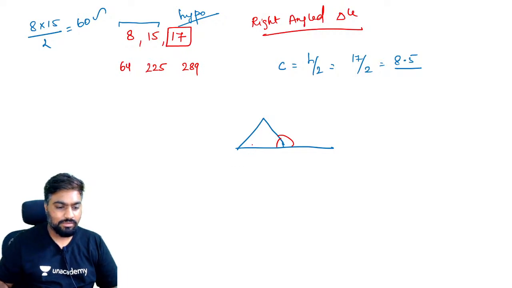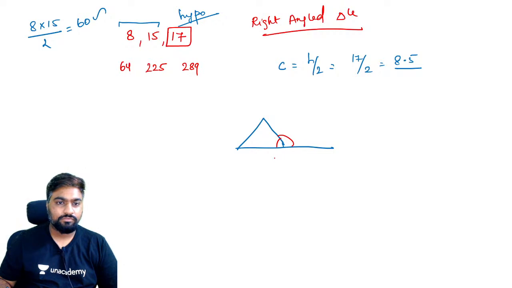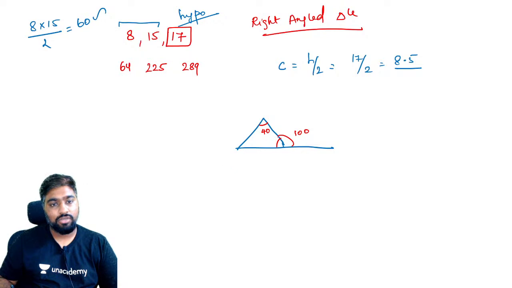There was 100. If the external angle is 100, and one of the angles is 40, then 100 plus 40 is 140. How much is left? Sorry, this should be 60 and ultimately this will become what? 40. No, 100 is not matching.